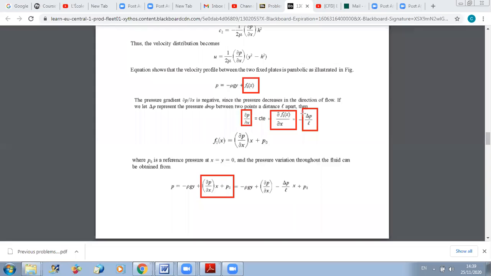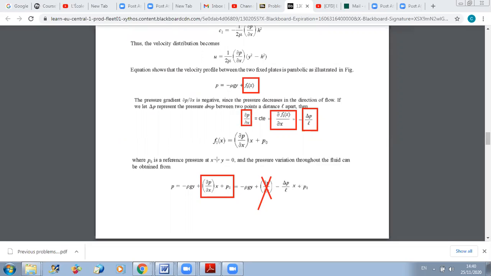And if they gave you the pressure drop, you can replace del P by del X by minus delta P over L. Please pay attention here, it's a typing error. There is no del P by del X again here, because they replaced del P by del X by minus delta P over L. Okay? And what is P0? P0 is a boundary condition.